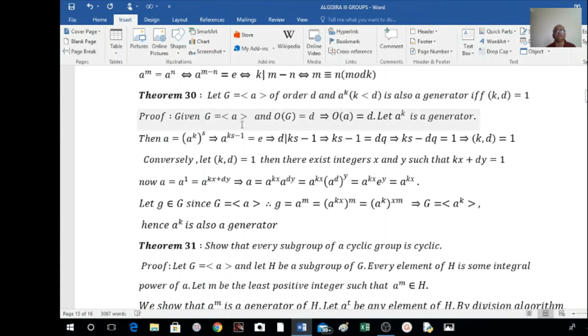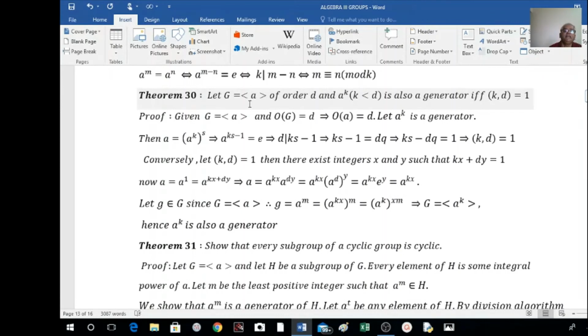To understand this, consider a particular example. Suppose G is a group generated by a of order say 10, meaning the order of a is also equal to 10, and then a raised to k is a generator if and only if gcd(k, d) equals 1.